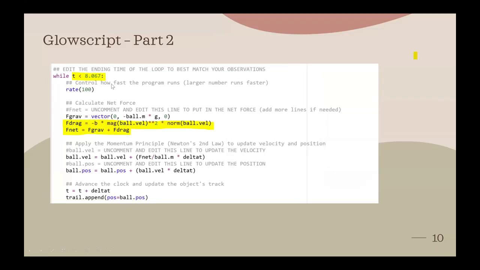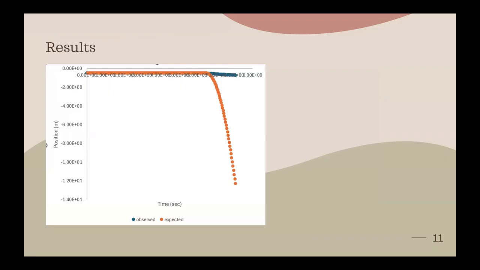And then in a second chunk, I went to the end of the Tracker analysis, which is 8.067 seconds. And here, we no longer have that tension force acting upwards, but instead we have the drag force, which is going to oppose the motion of the object. And so that is the other force that's acting on the slinky here.